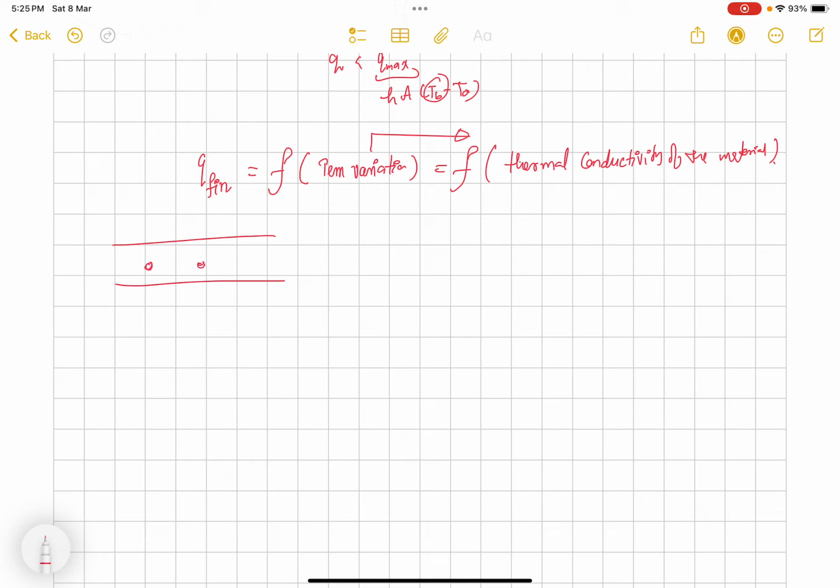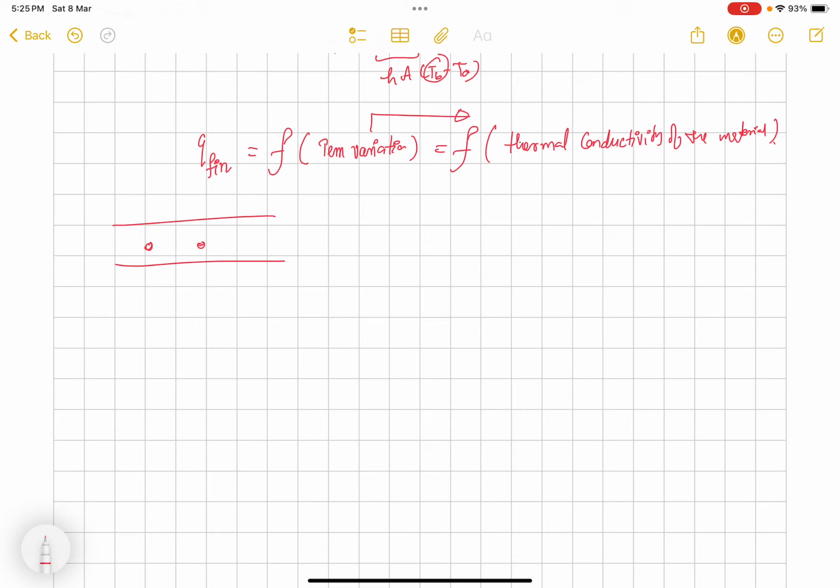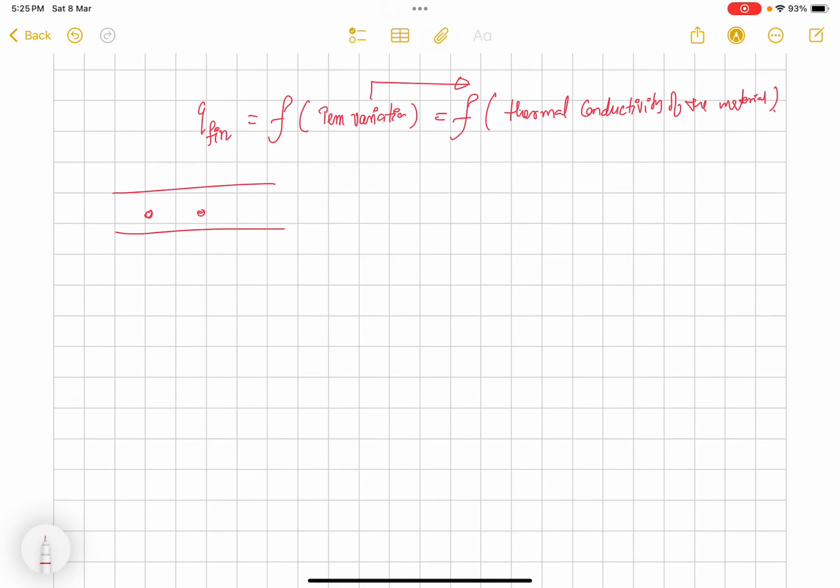So it will keep the heat transfer at the maximum possible, approximately. So the requirement when we are adding fins is that the fin should always have a high thermal conductivity.